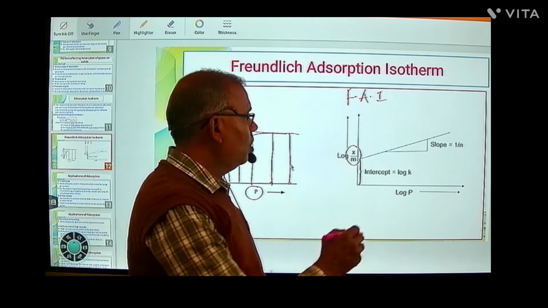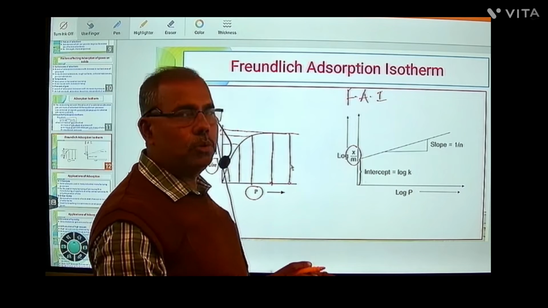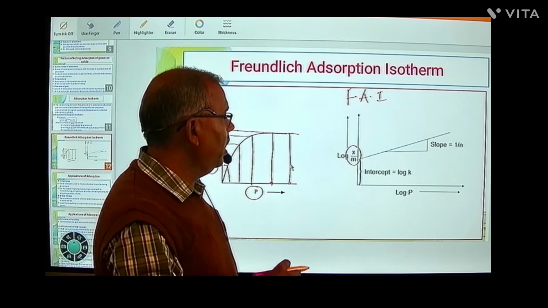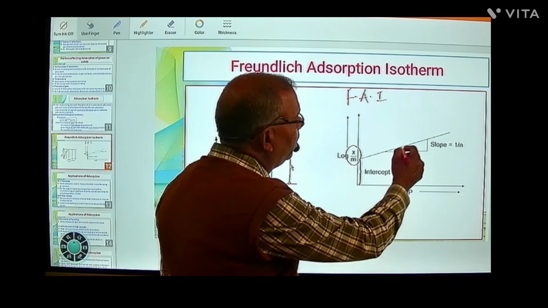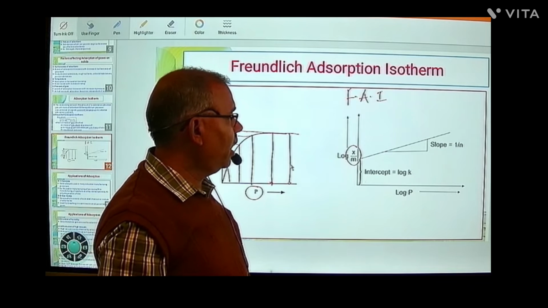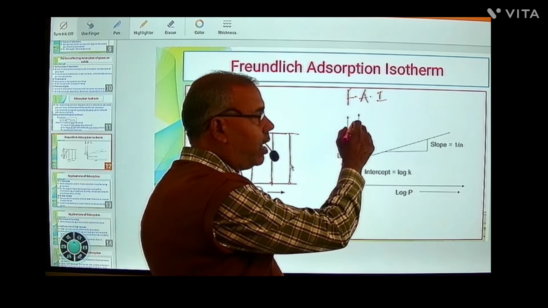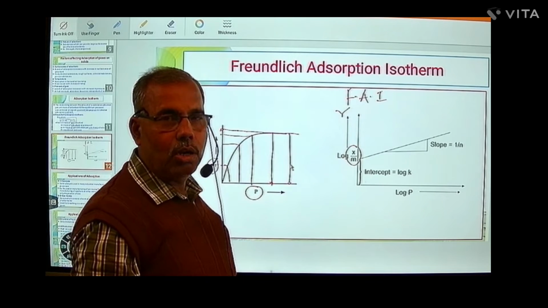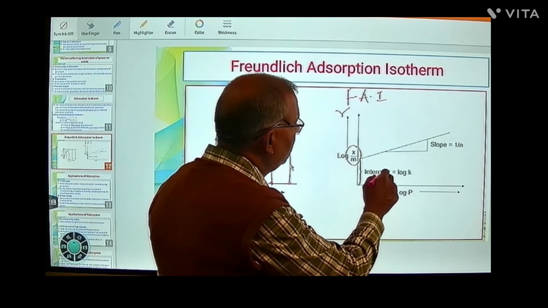If you see this isotherm, when you take logarithms, we get a straight line, with an intercept on the y-axis.